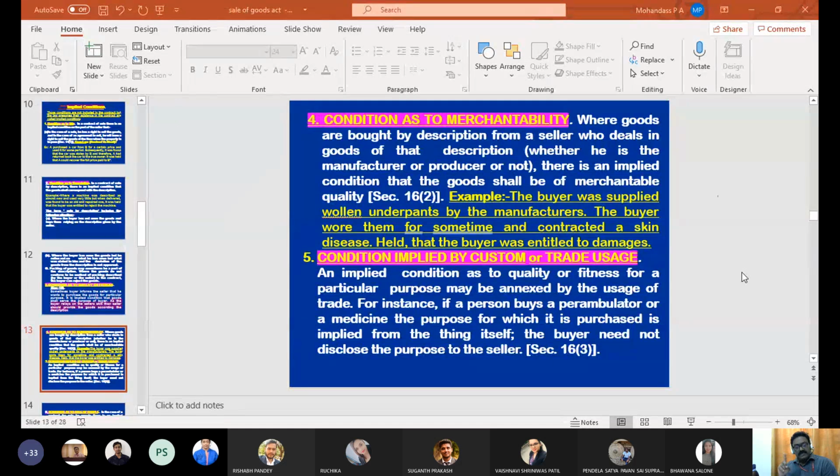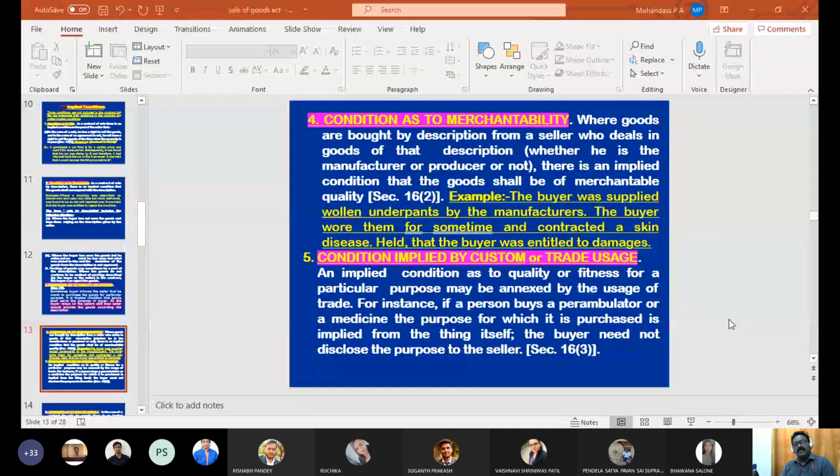If the manufactured baby push cart has caused any kind of injury to the baby, Vaishnavi has the right to file a suit in the court for violation of implied condition as to custom, trade, or usage.